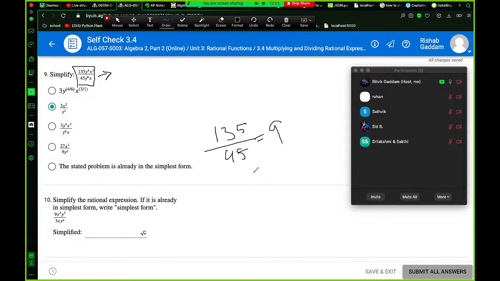Actually, no, you get 3. Yeah, you have to do 135 divided by 45, which is 3.